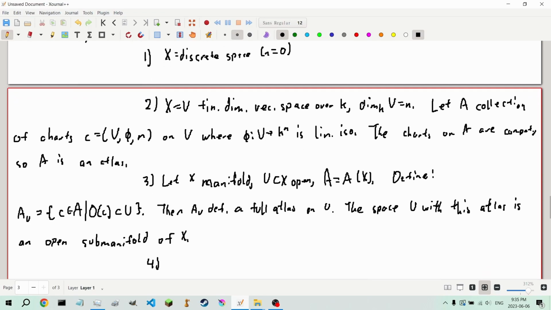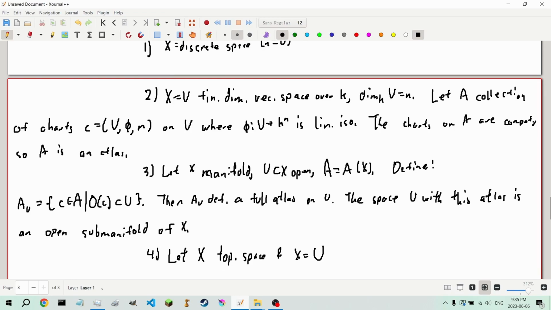Number 4. Let X be a topological space and X be as the collection over an indexing set of U_i.